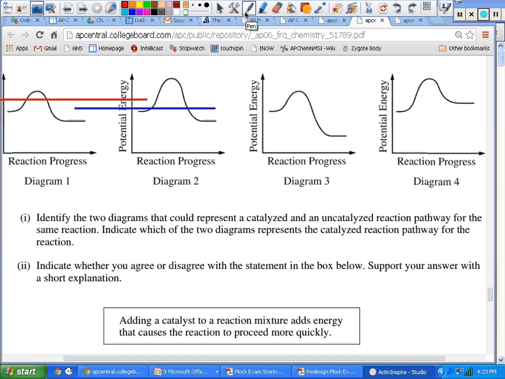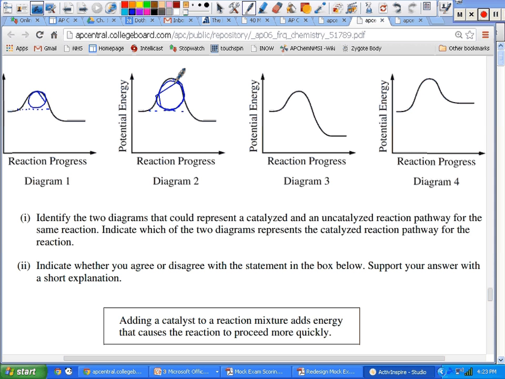But bottom line is they started and ended with the same amount. But what do we know about a catalyst? It only affects what? Activation energy. And the activation energy is only how large this hill is. All right? So which one has the larger hill? The one on the right, number 2, which means it is either catalyzed or uncatalyzed. It is uncatalyzed. Very, very good.